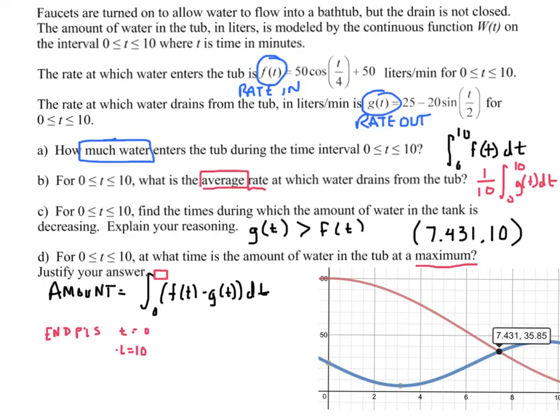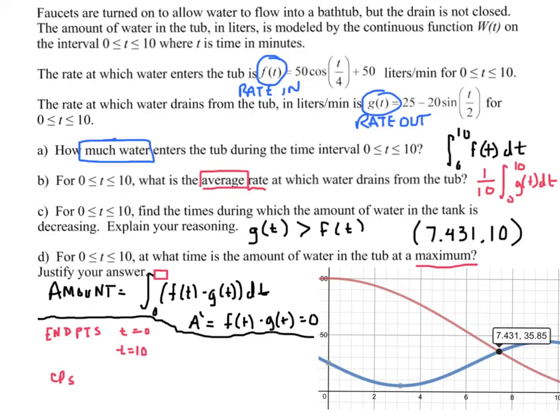So I need the derivative of amount to be 0. Well, A prime, the derivative of amount, well, the derivative of an integral is simply the function. So it's simply f minus g, and we need that to be 0.